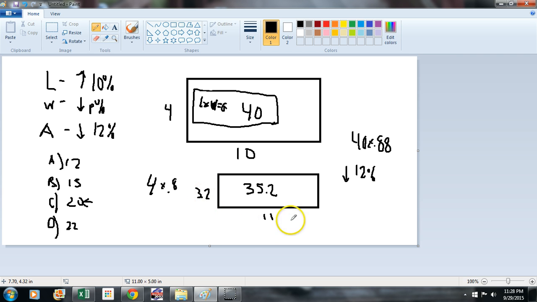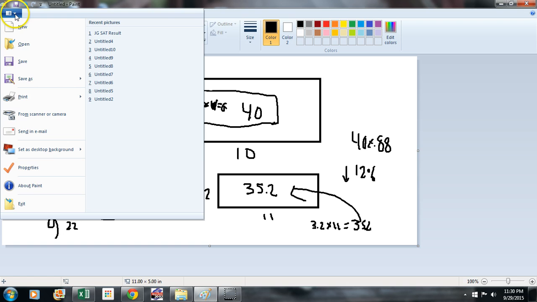Okay, so if I take 3.2 times 11, it then yields me 35.2, which is my answer. It matches up. 20% is my answer choice for this one. Alright, so there's how we work that problem.